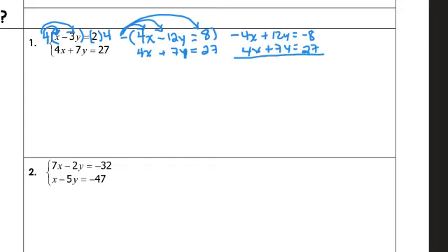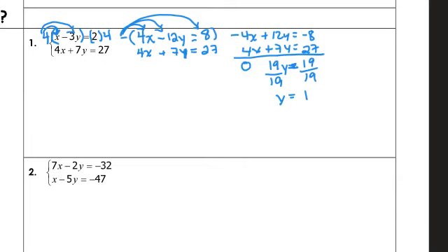And I'm now eliminating, which is the whole point of this process, my x variables. I now have 19y equals 19. Okay? So now I'm going to divide by the coefficient of my variable, and y equals 1.